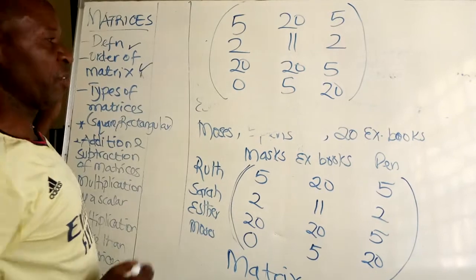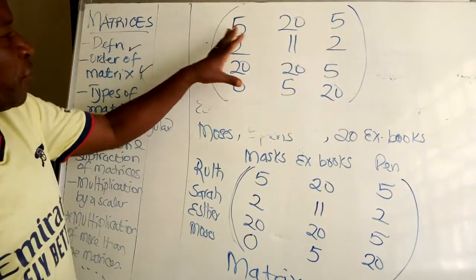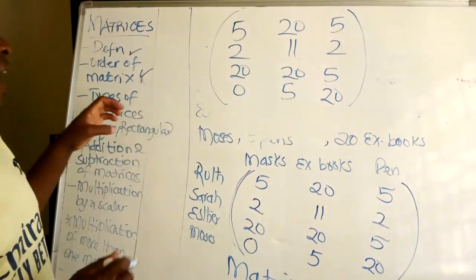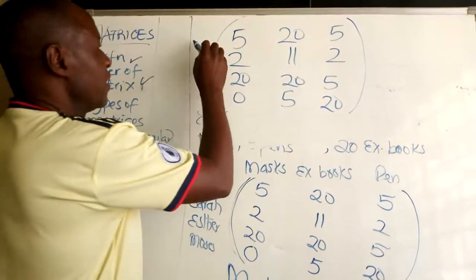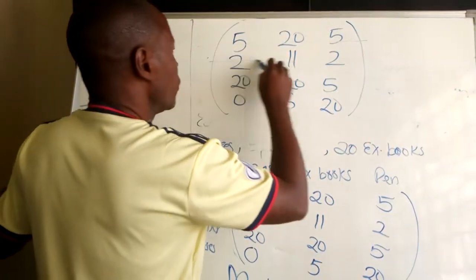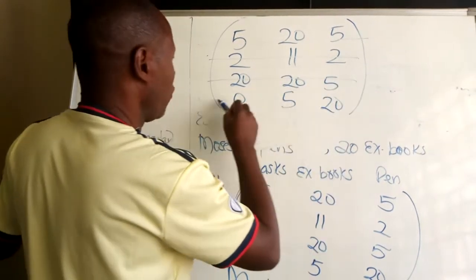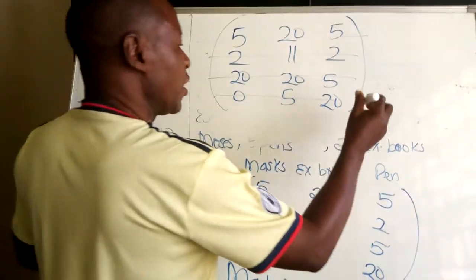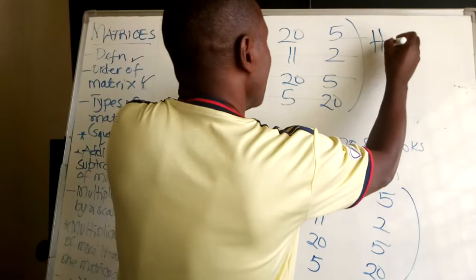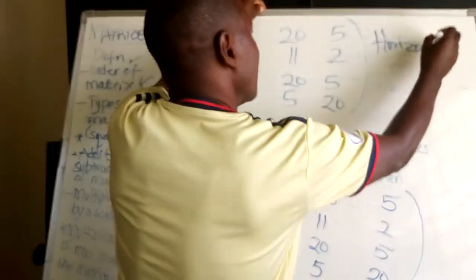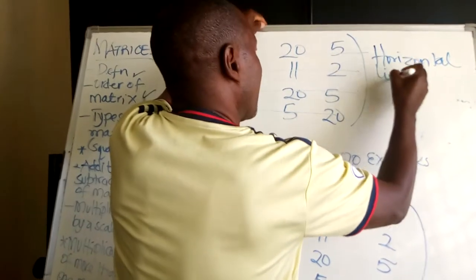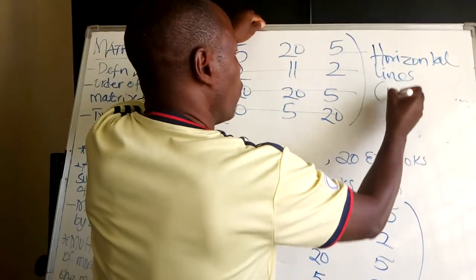I go to the order of a matrix. The matrix I have written here has horizontal lines, 1, 2, 3, 4. The horizontal lines we shall call rows.